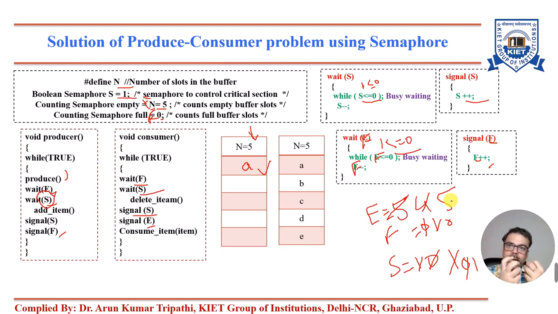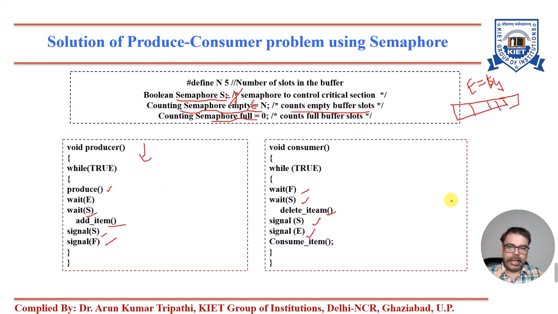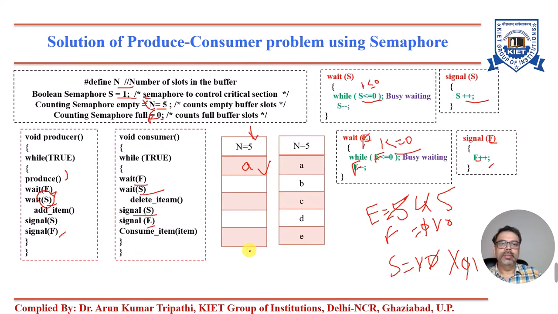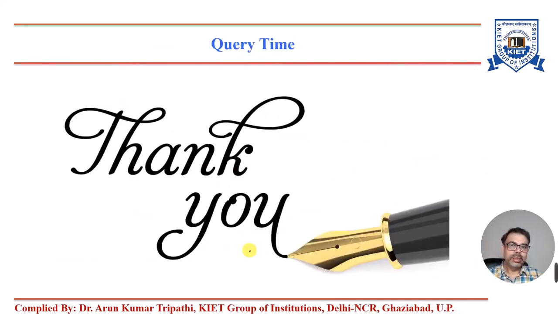So a semaphore variable, a boolean variable, we have taken so that only one process can enter the critical section at a time. So this was the solution of the producer consumer problem that we have faced here. During the update, only one process is entering the critical section. So this was all from my side about the producer consumer problem.